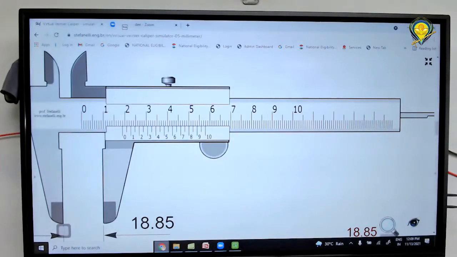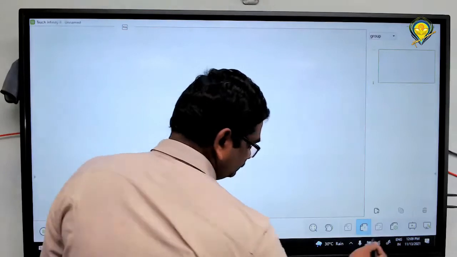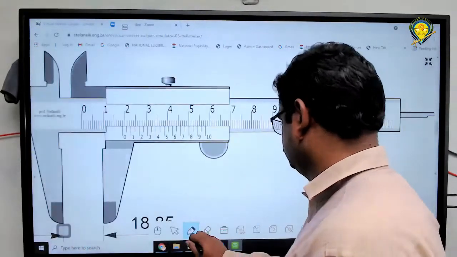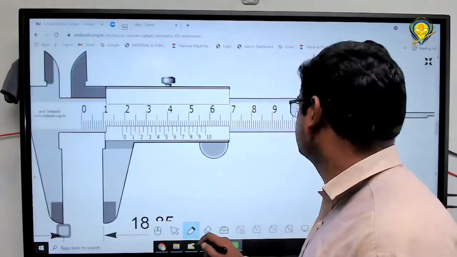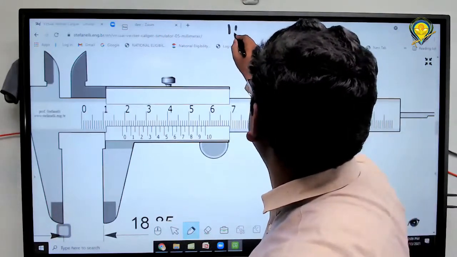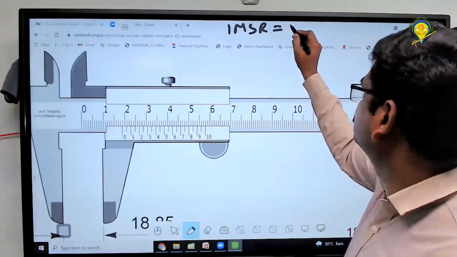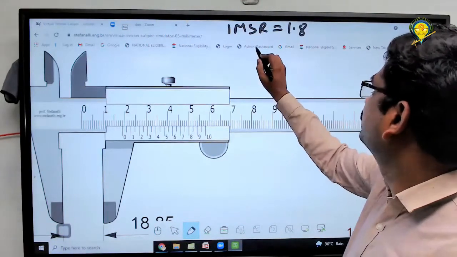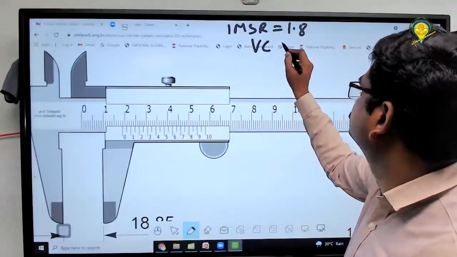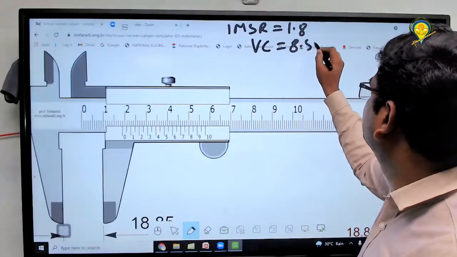Now check it once again. What is the basic reading? Main scale reading is how much? 1.8. Vernier coincidence? 8.5.